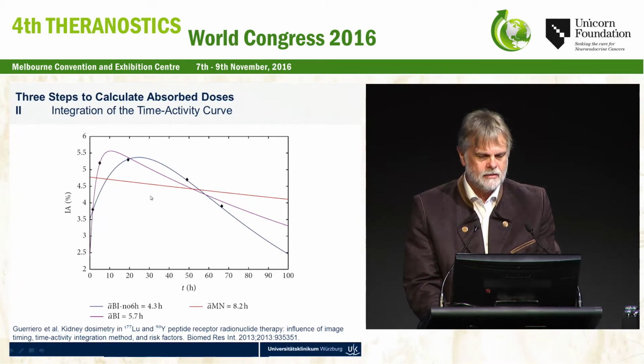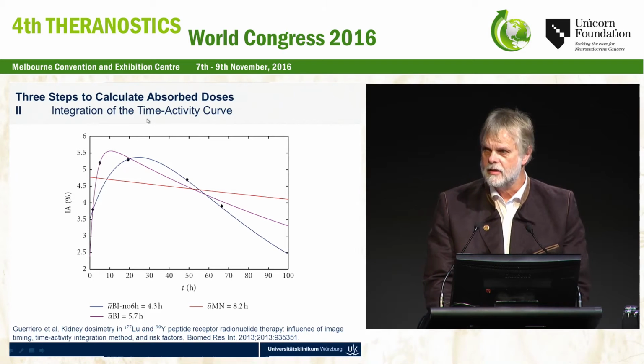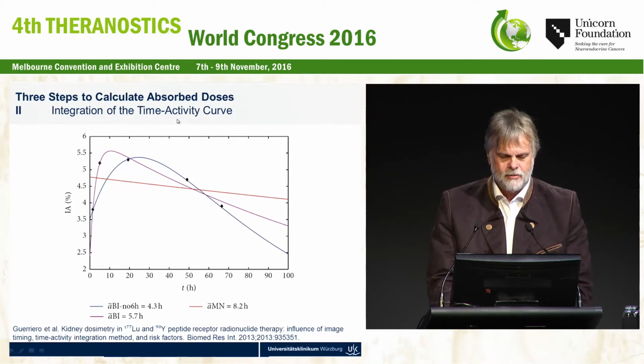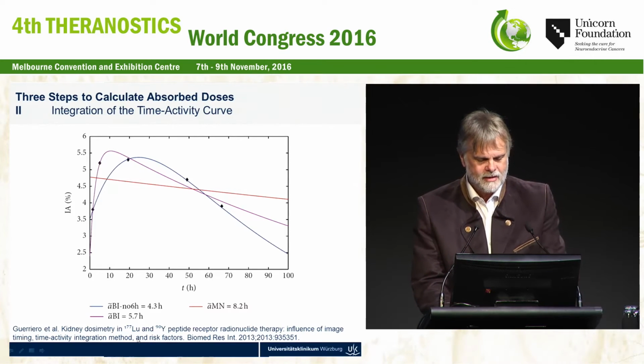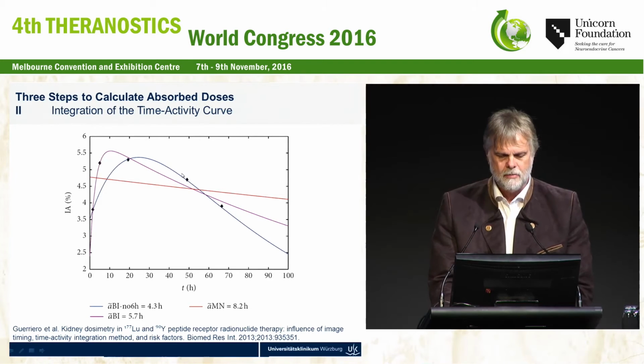The second step, if you want to calculate dosimetry, is the integration of the time activity curve. I saw some slides on four data points, and I would like to show you this nice example on kidney dosimetry, published in 2013 by the Italian group. What happens if you omit data points or do the wrong type of integration? For example, you have 5 data points here, stopping at 70 hours.